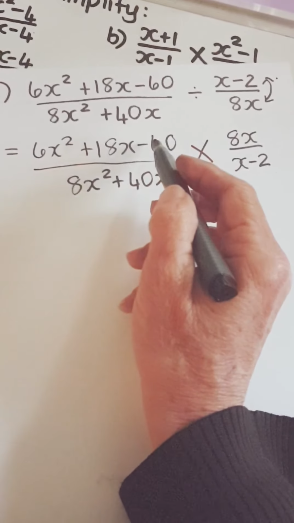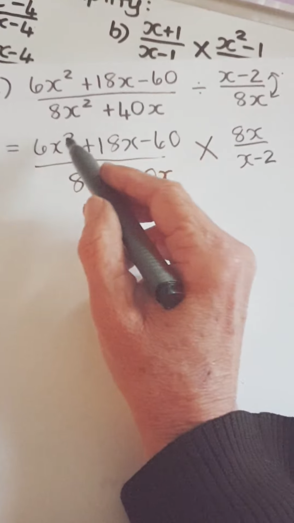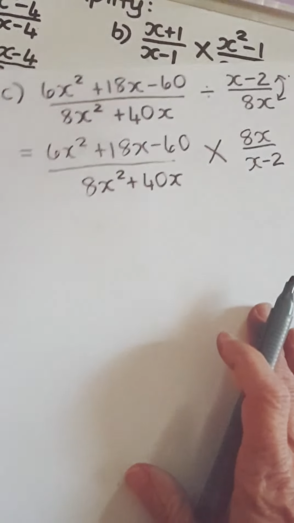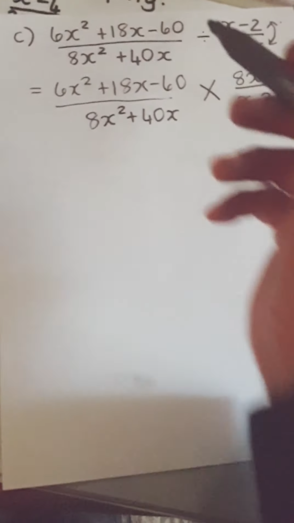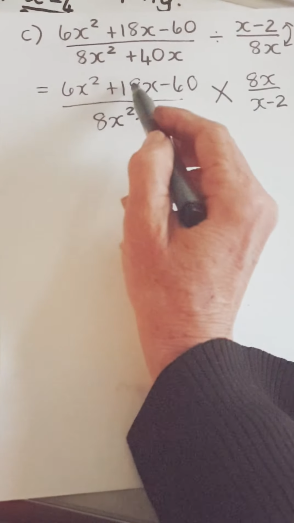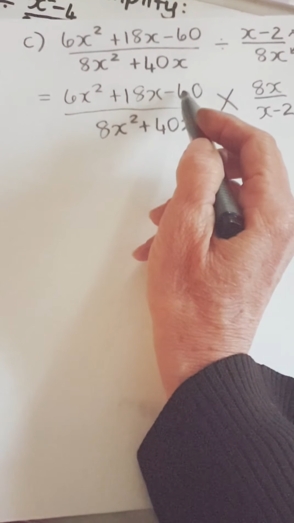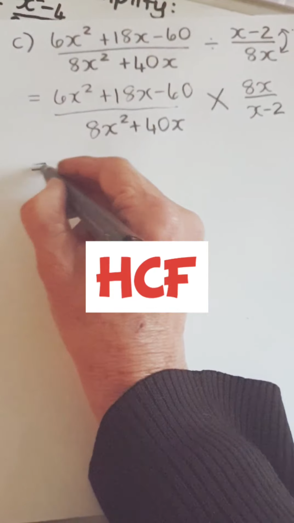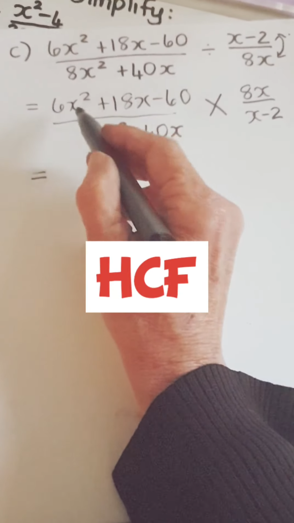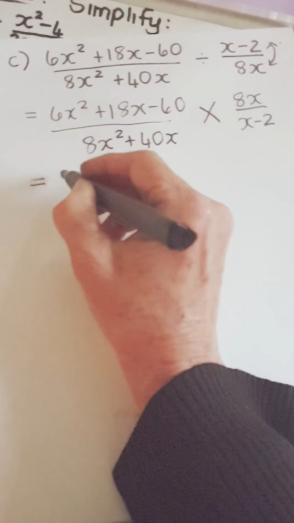In my numerator, I've got 3 terms. We want 1 term because otherwise we can't simplify and take out highest common factors. So the first thing that you need to see here, there is a highest common factor in this expression. So I'm going to first of all say the highest common factor of 6, 18 and 60 is actually 6.